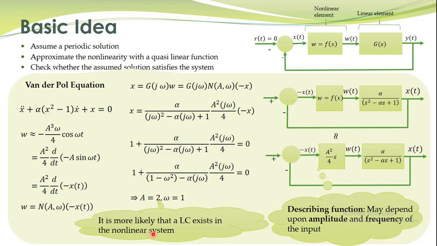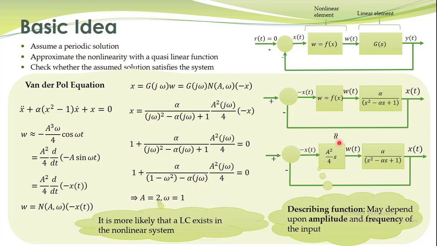To summarize the approach, if we have some nonlinear system, we bring it into this form, then we approximate this nonlinearity by a quasi-linear function. We call that quasi-linear function a describing function, and then this block diagram will be approximately equal to this block diagram.